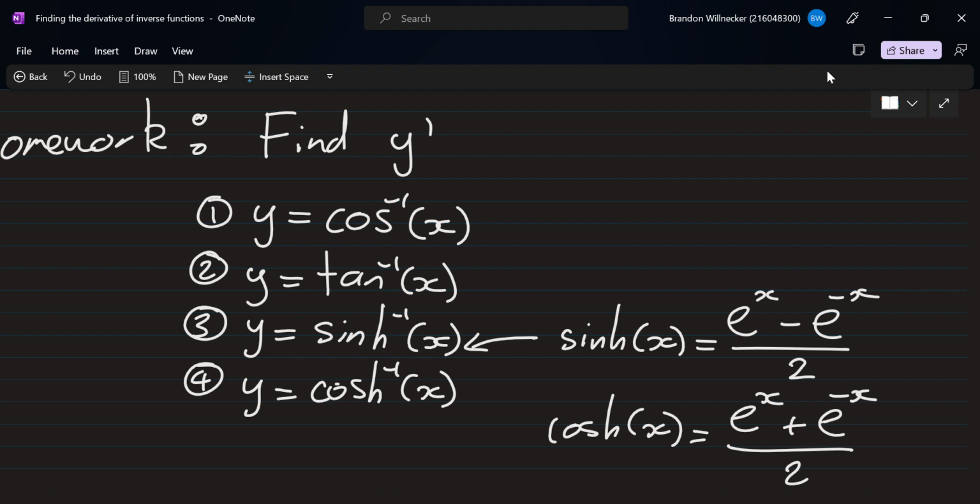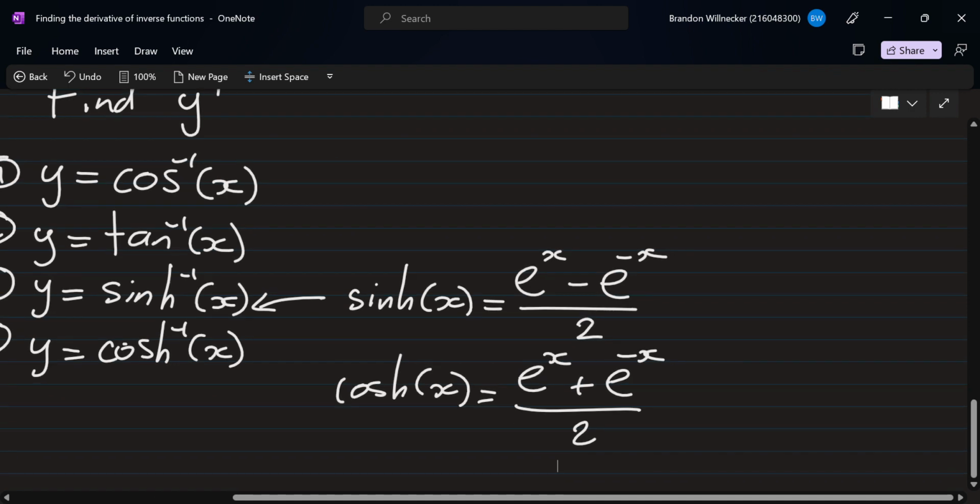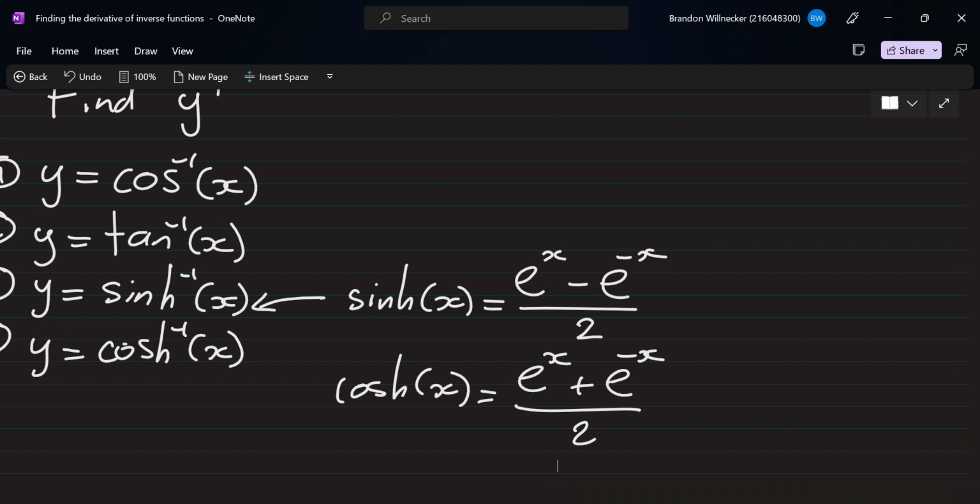For now, if you want to know where these come from, sine hyperbolic is the odd part of e to the x. You can just Google this in your own time. And cos hyperbolic is the even part of e to the x.